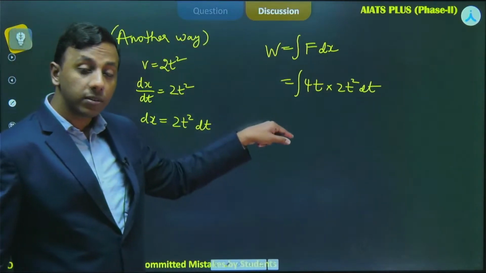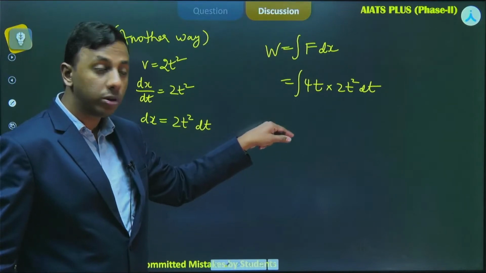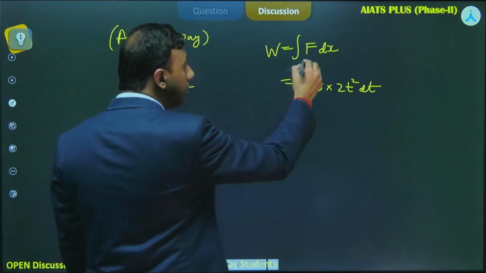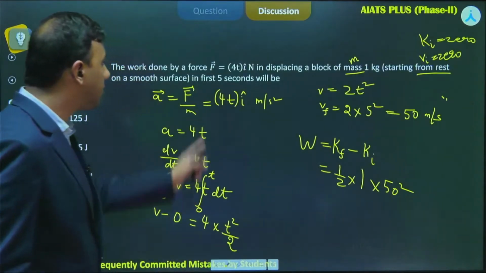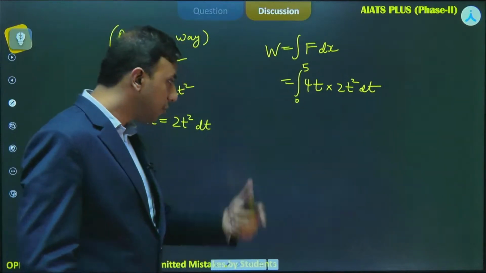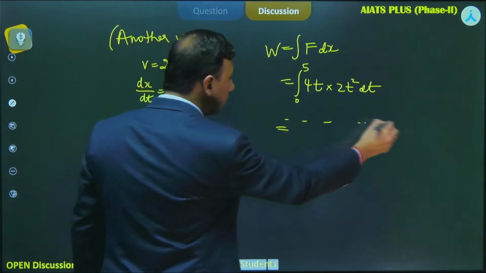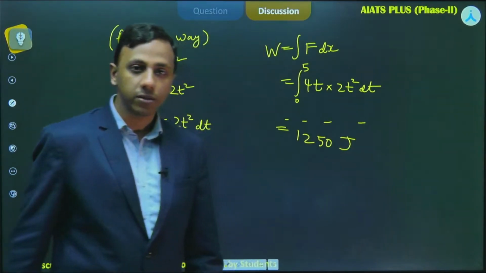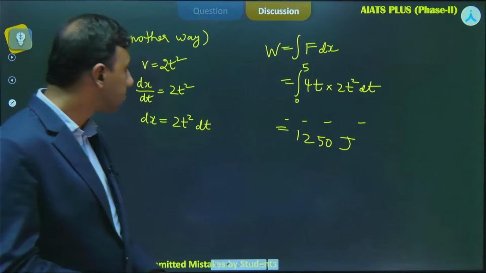And what limits do we have to put over here? We will put time as the limits, right? So time initially was 0, and finally in the first 5 seconds we are supposed to find. So if you solve it, you'll get the same answer. If you want, you can check. The answer will be the same, 1250 joule.